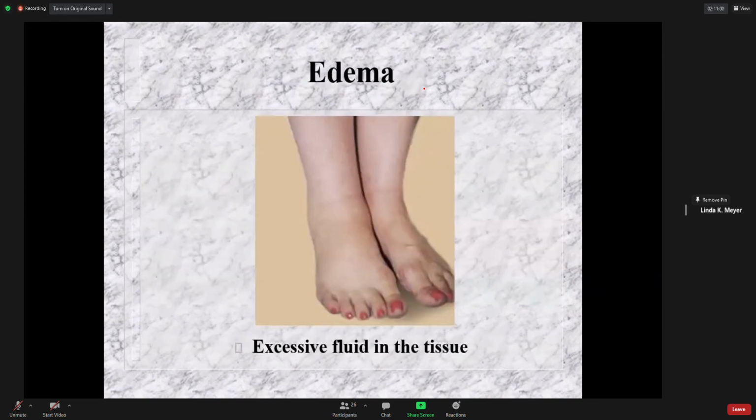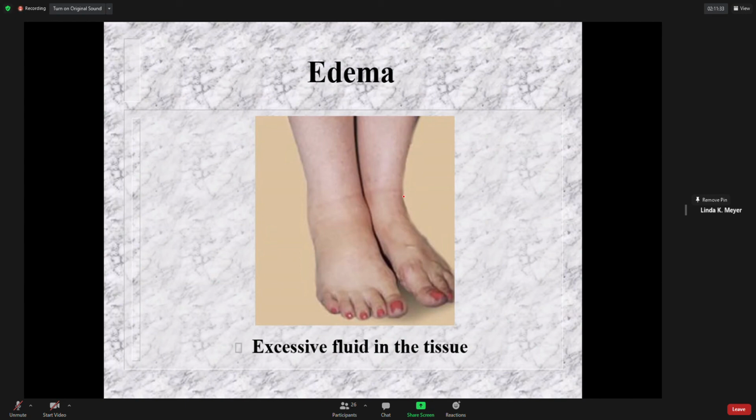The next two terms, edema and hyperemia, we're going to see are part of an inflammatory response, but I just want to show that they can occur outside of inflammation as well. Edema just means excessive fluids in the tissue. This shows a person that has edema in the ankle area.